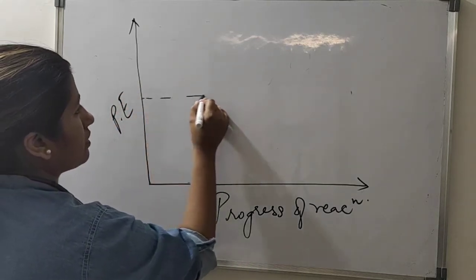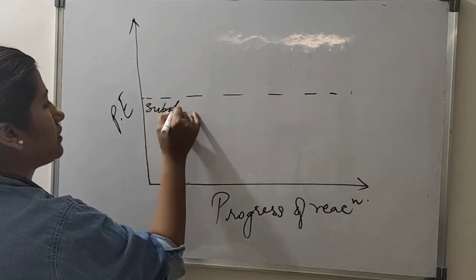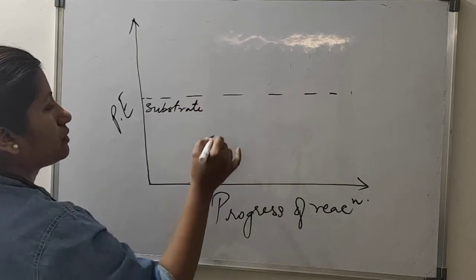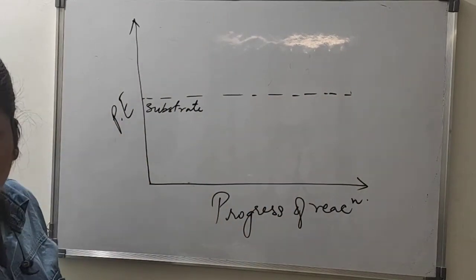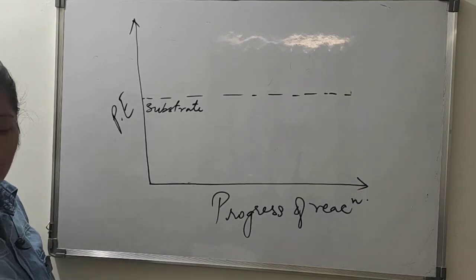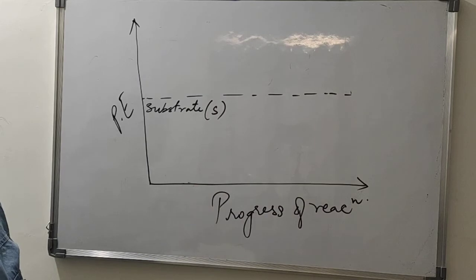So, the substrate, we know, has a potential energy to do the enzyme action. We know that the substrate has a potential energy to do the reaction.